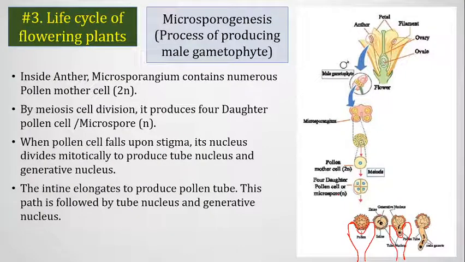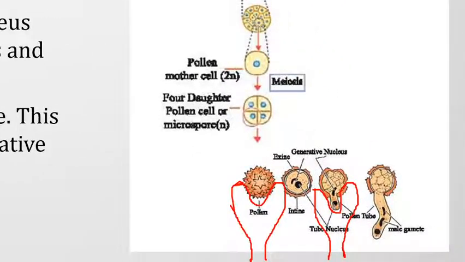The intine, the inner membrane, elongates to produce the pollen tube. The intine, or inner membrane, increases in size and moves downward, so it produces a path through the stigma and the style, and this path is created by the tube nucleus.